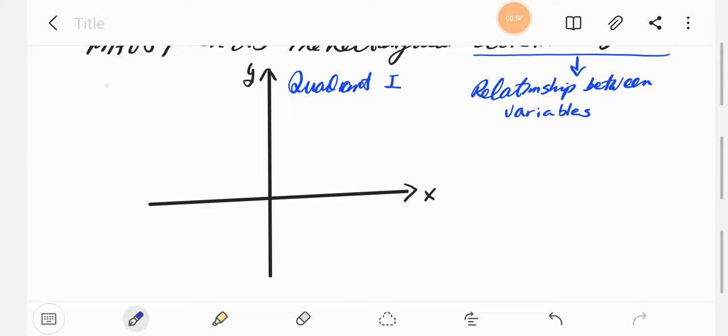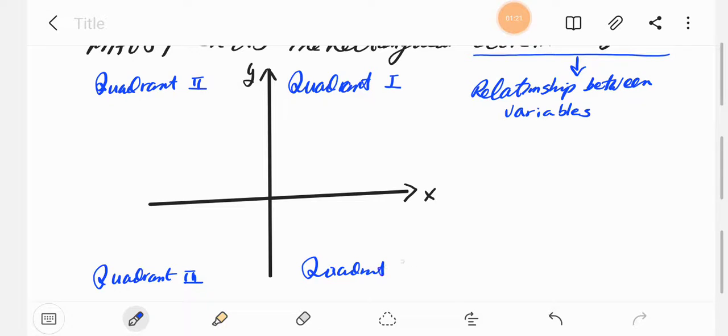And the upper left side is quadrant 2. And the lower left corner is called what? Quadrant 3. And the last part, the lower right corner, is quadrant 4, right? All right.